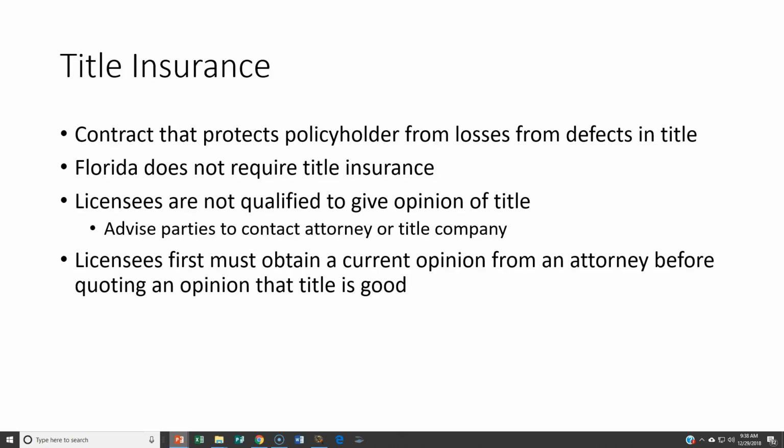Florida does not require title insurance on conveyances of property, and most certainly licensees are not qualified to give an opinion of a title. Just tell the parties to go and see an attorney or a title company. Licensees must first obtain a current opinion before passing that on. Even then, I think you're on dodgy ground. Don't do it.